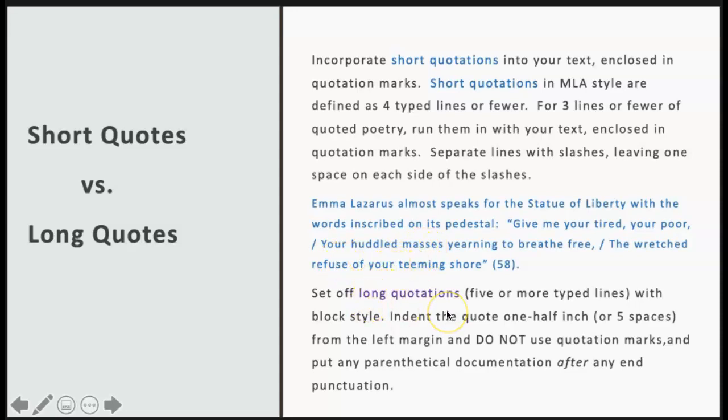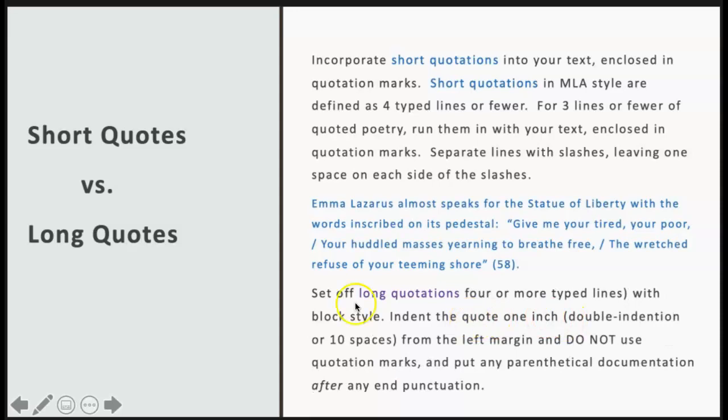Set off long quotes, 4 or more typed lines, with block style. Indent the quote 1/2 inch or 5 spaces from the left margin, and do not use quotation marks. Okay, so let's refer back to that.